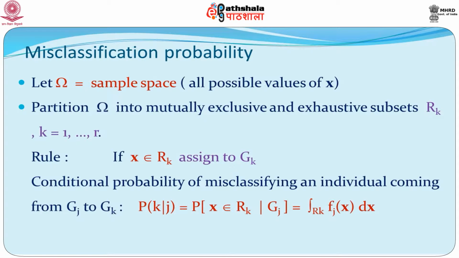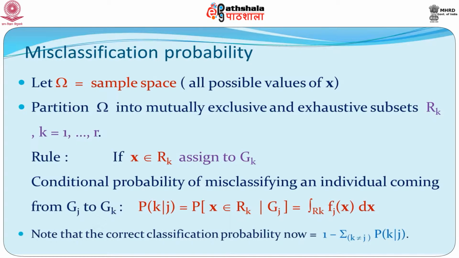X belongs to Rk means we have assigned him into the kth group, and given Gj means the individual comes from the jth group. This is given by the integral of fj(x) dx over Rk, because fj(x) is the probability function under the jth group, and you are now in the region for the kth group. So, it will be integrated over Rk.